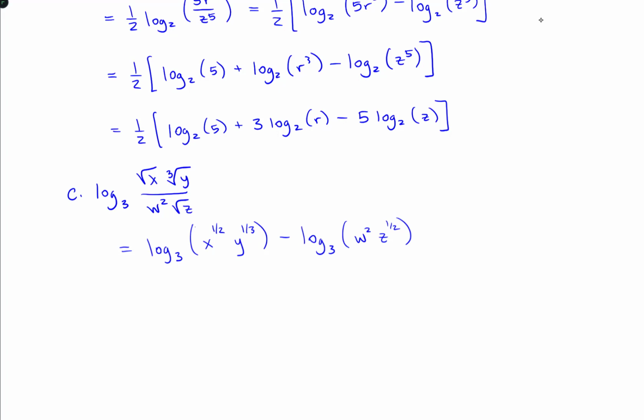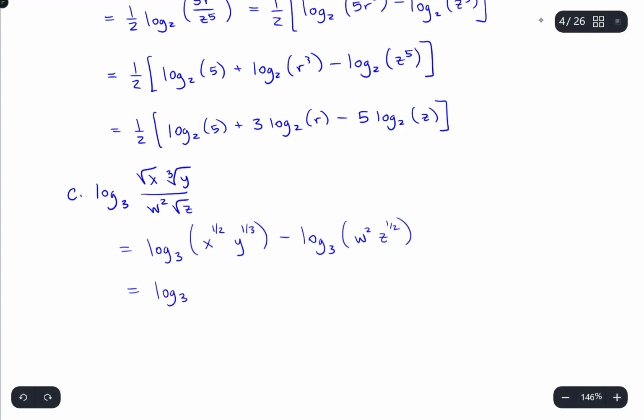Okay, next up here, what I'm going to do is split the remaining logarithms up based off of the two terms that are multiplied inside the arguments. So that would give me two logarithms that are added.